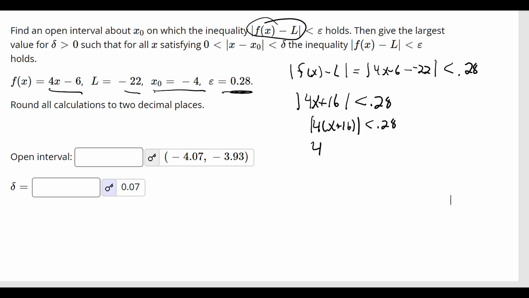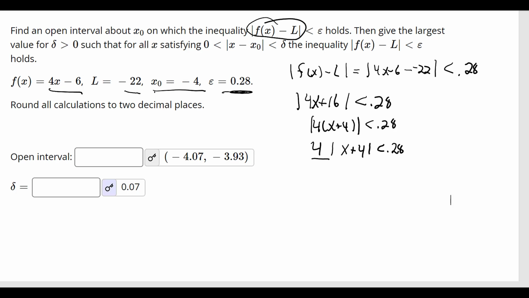Pulling that 4 out, because 4 is positive, the absolute value of x plus 16 is still going to hold here. Oh, sorry, that should not be a 16. Someone's probably yelling at the screen right now. So I could either go back and erase this, or just keep on moving and admit I made a mistake. There we go. I'll just admit I made a mistake.